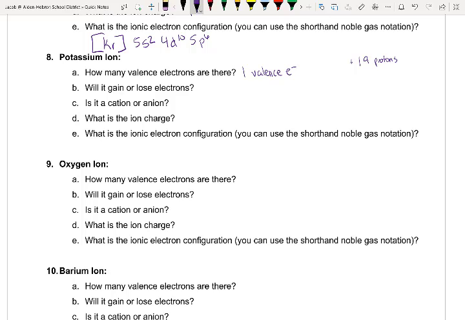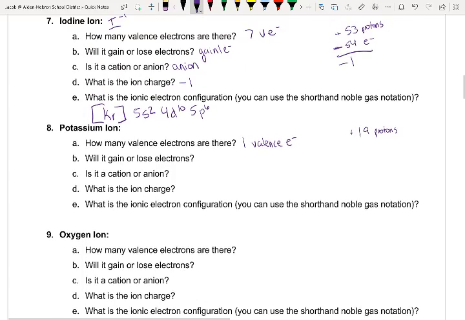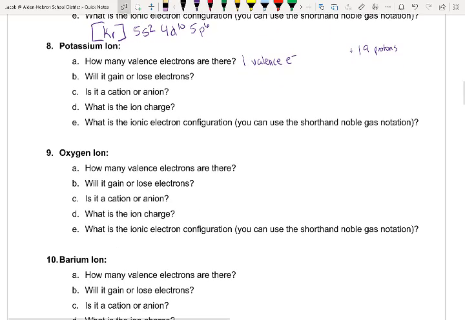So it is going to want to lose that electron. Because it's losing 1 electron, it's going to end up being positive, so it is a cation. The charge, so again, if it's losing an electron, we're going to be at 18 electrons, which means we're at a +1. Sorry, my plus sign didn't turn out there.